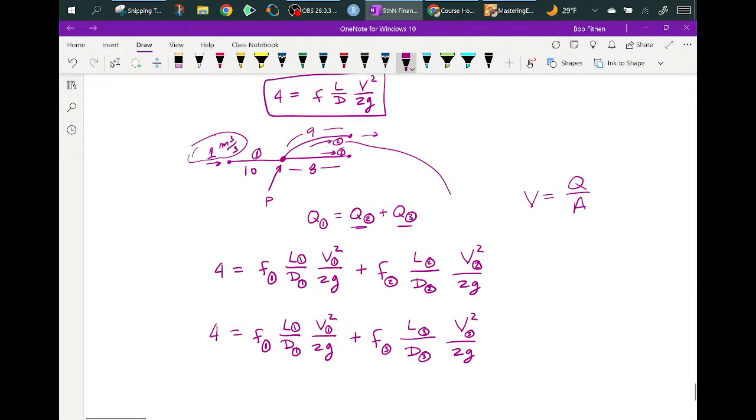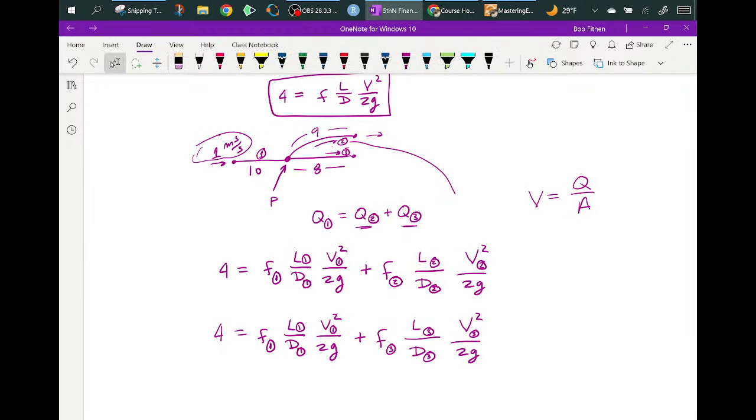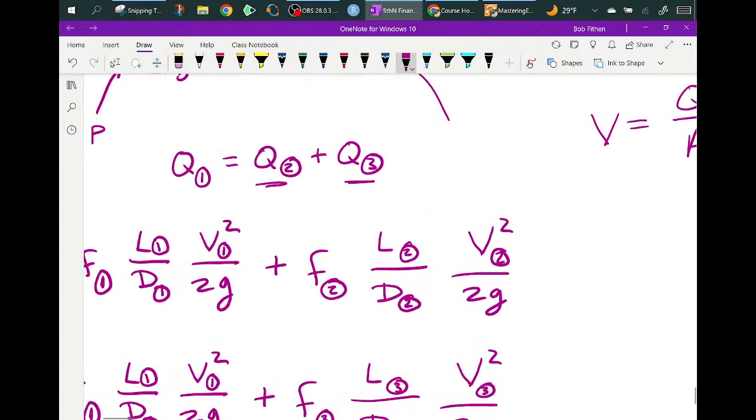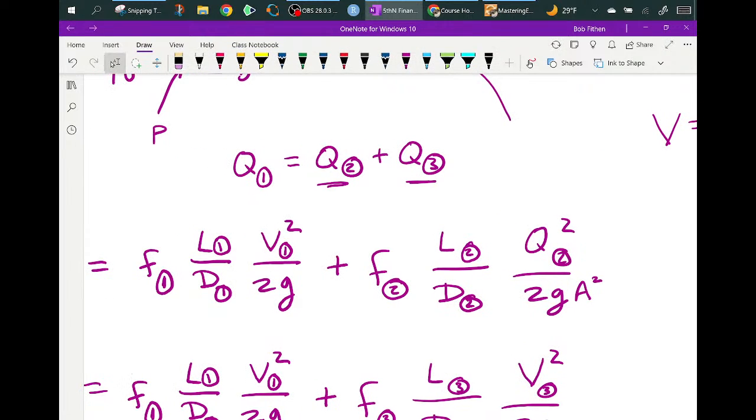So this is what I'm going to do. I'm going to put area squared. Now, all the pipes are the same diameter, so I can just put area here, and that'll classify for all of them.